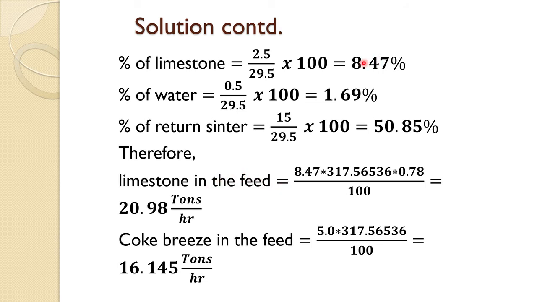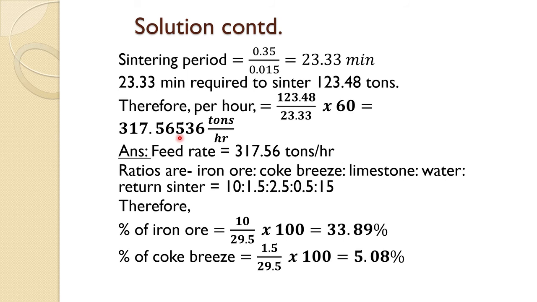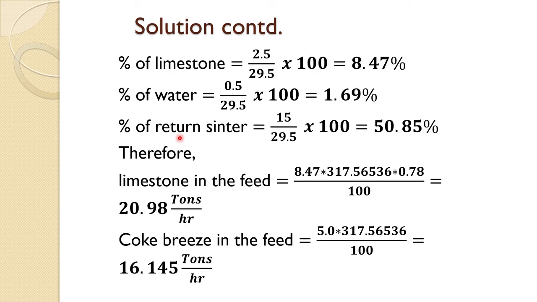We know 8.47, then we know the total feed rate and the percentage we have in the limestone of CaO, and from that we can calculate this factor.